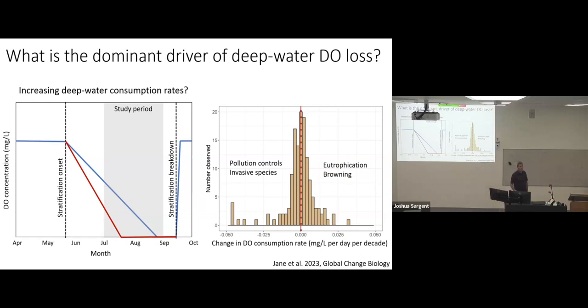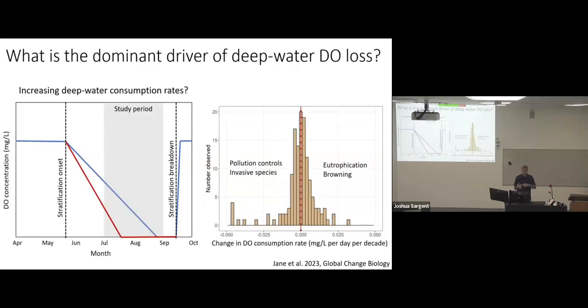Reductions in phosphorus inputs, nitrogen inputs, or some types of invasive species. For example, invasive quagga mussels and zebra mussels filter out a lot of that organic matter and improve water clarity, reduce productivity. And we've seen really clear evidence in some of our lakes where when those invasive filter feeders come in, we see improved dissolved oxygen concentrations as a result. That's not true, obviously, for all invasive species.